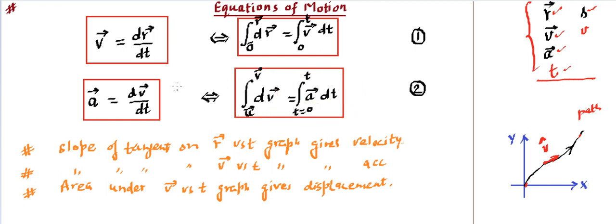So the last point that needs to be kept in mind is this: area under acceleration versus time graph is going to give us change in velocity. Change in velocity, right? This word change is important, which generally students miss, so don't miss that.